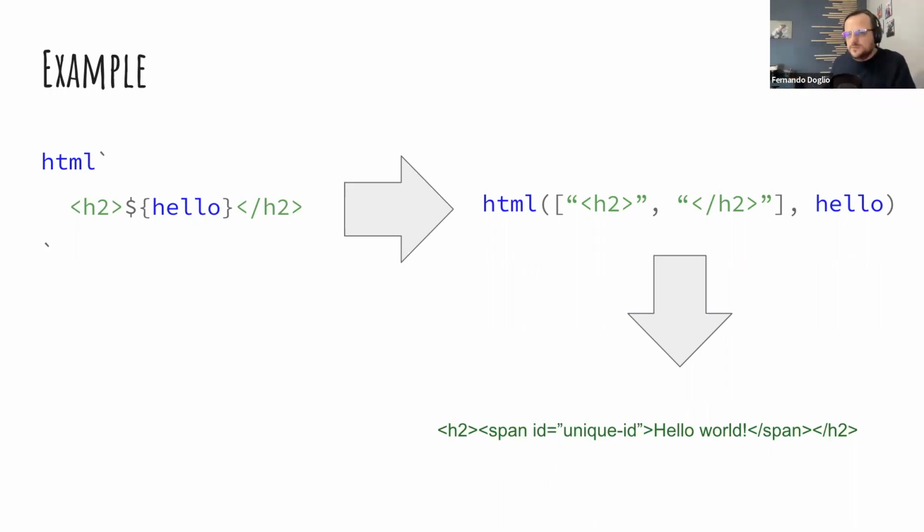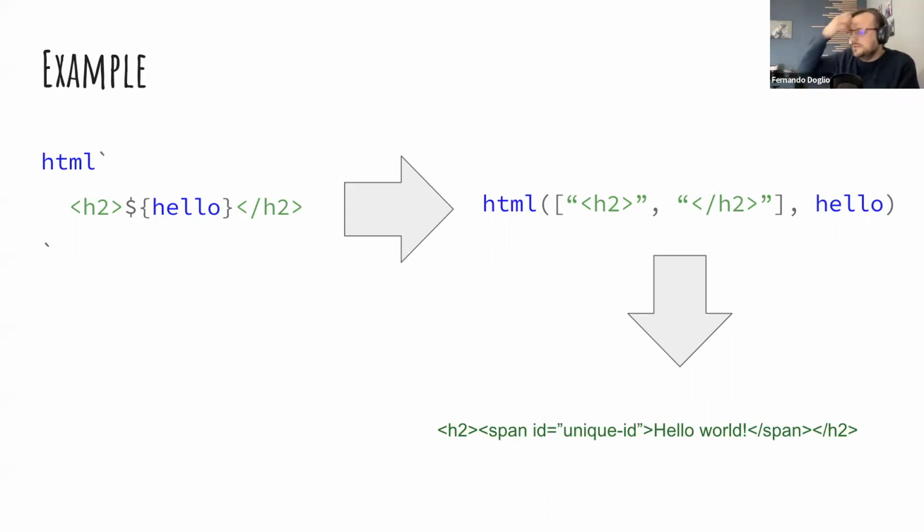That translates, when executed, into what's on the right, which is the function being called with an array of strings and then a list of parameters that are our variables. This is done by JavaScript. We don't have to do it manually, which also adds to the magic, adds to the effect.